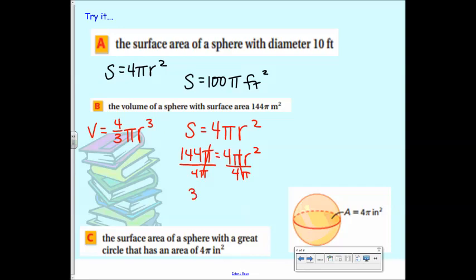So then what would the radius be? 6. Why is it 6? Square root of 36 is 6. So radius is 6, and then what do you do? Plug it back in. So 4/3 times 6 to the third times pi. So I'm going to end up doing 36 times 6 and then multiplying that by 4/3, and then that should give me my answer.